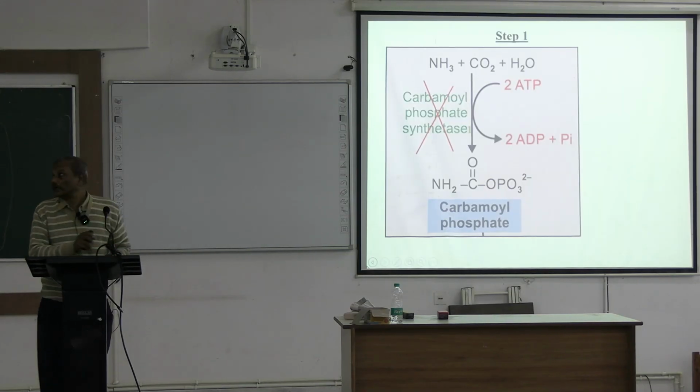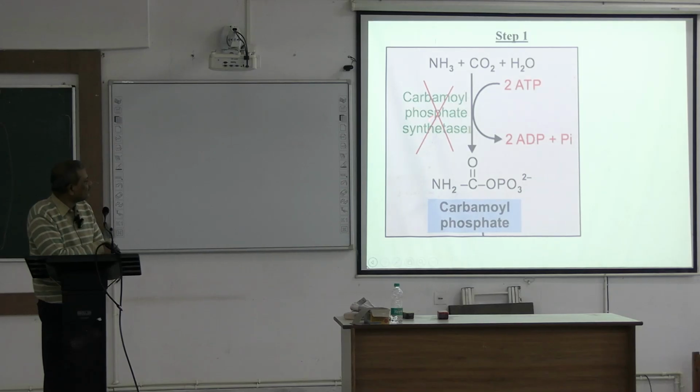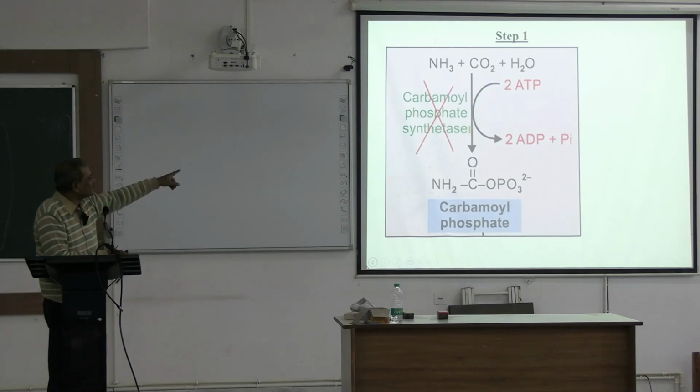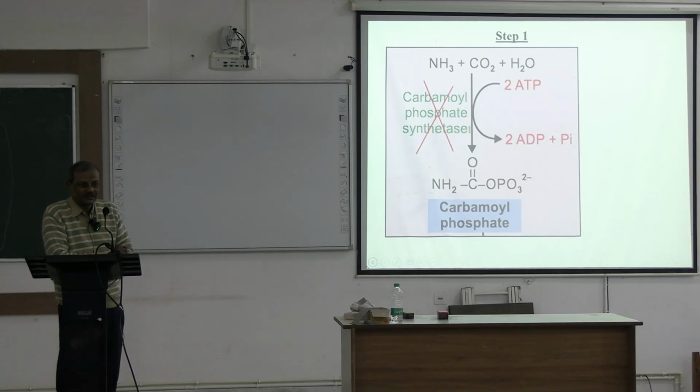Now I want to have an interaction with you. Since you are all limited students, you have to tell what type of enzyme this is and what happens if this enzyme is defective, meaning deficient.